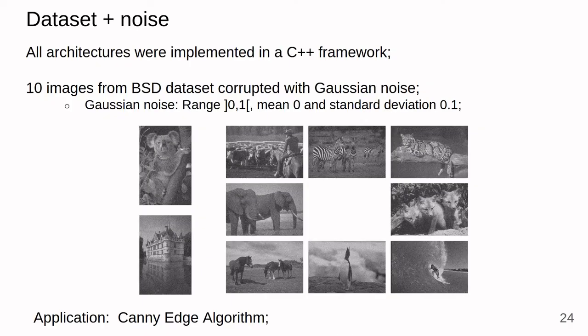So, to evaluate all architecture cases, we developed a C++ framework and used as input 10 images from the BSD dataset. And to simulate a real-world image capture, we added Gaussian noise to each image. As an application to evaluate all those case filters, we used the KNAD algorithm.